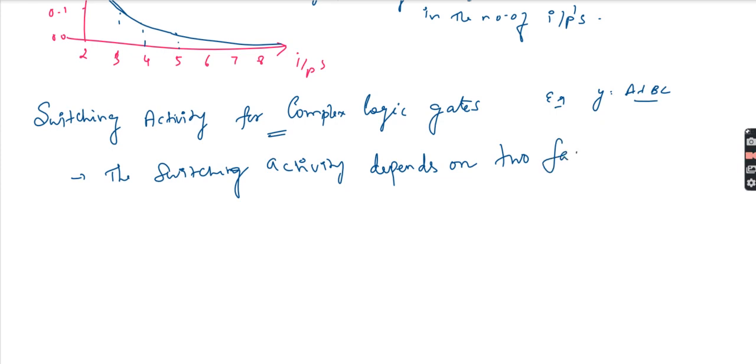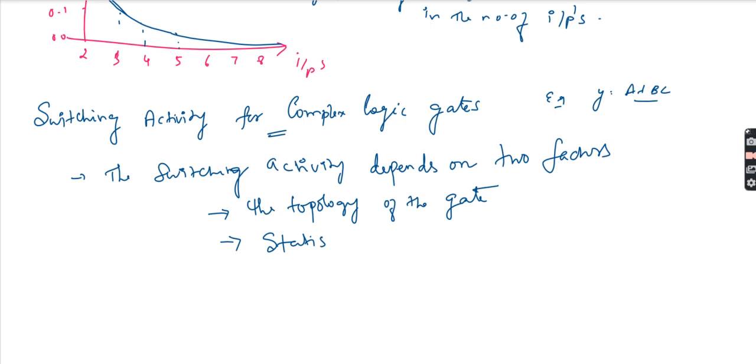Which are the factors? The first factor is the topology of the gate. The second factor is the statistical timing behavior of the circuit. These two determine the switching activity for complex logic gates.